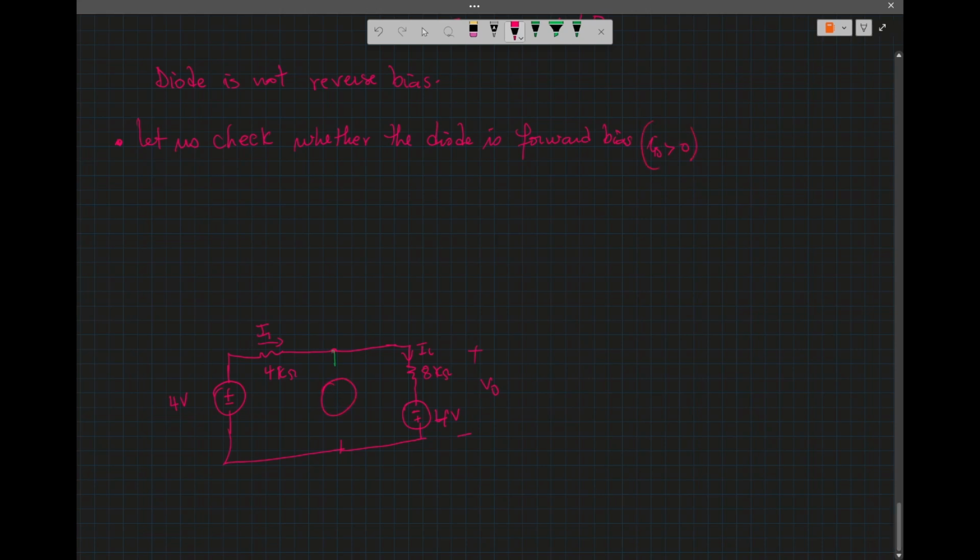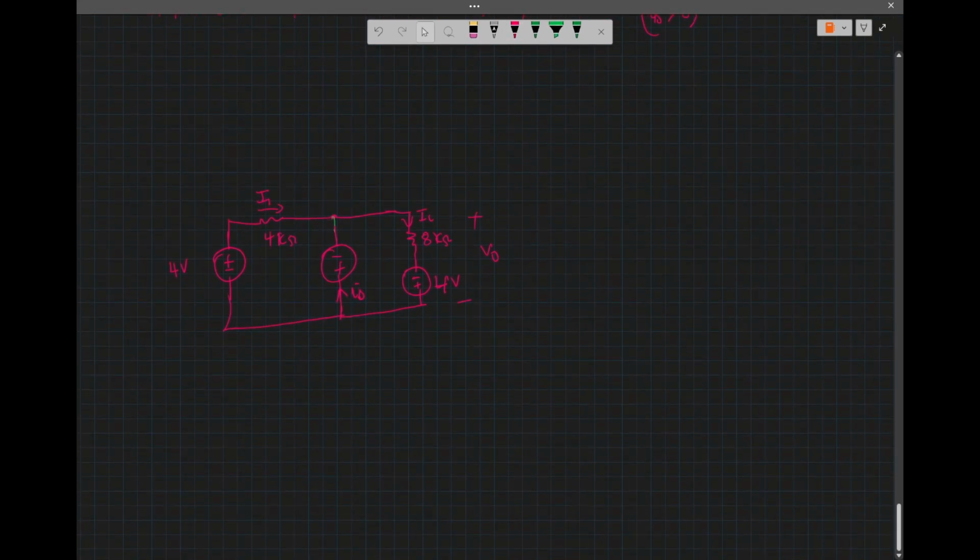So for forward bias this is 0.7 volt, minus, because the minus polarity, the plus polarity is grounded. Okay, so we can find I1, which is 4 plus 0.7 divided by 4K.